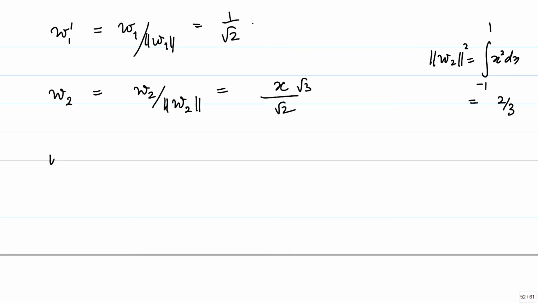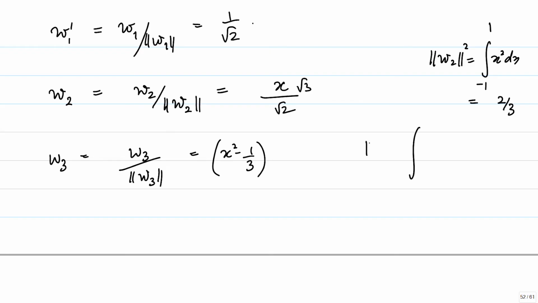And how about W3? This is just going to be W3 by the norm of W3, which will be x square minus 1 by 3 times some constant. I don't want to calculate it, so for W3 square, I'll just write down what the formula is and leave it at that.